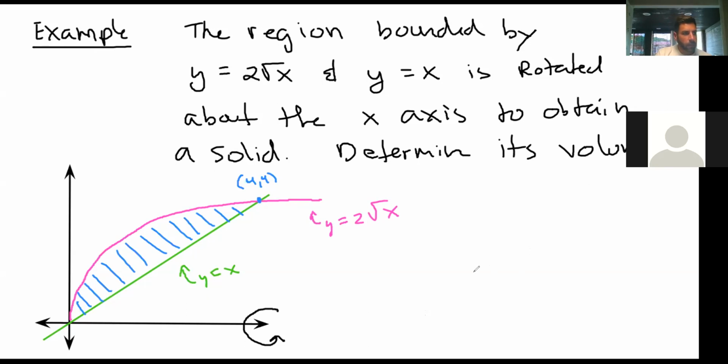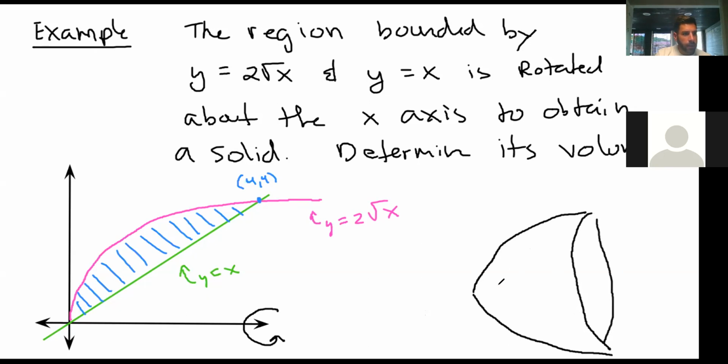Well, you're going to get a bullet-like outer shape. And then on the inside, it's going to have sort of this cone hollowed out of it. So you need to think of this as sort of hollow.